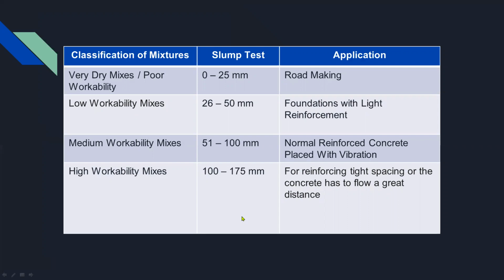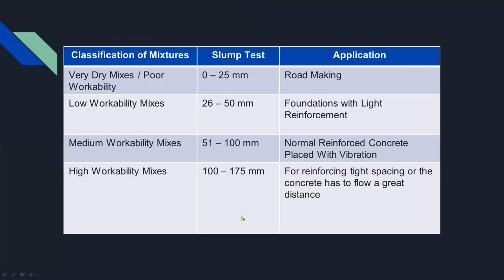For the classification of mixtures, very dry mixes or poor workability kapag ang slump test is ranging from 0 to 25 millimeters, application is for road making. And then low workability mixes, 26 to 50 millimeters ang depth ng slump natin. Foundations with light reinforcement yan.